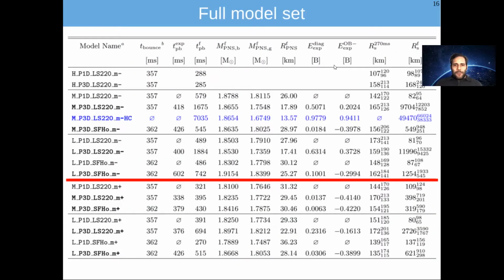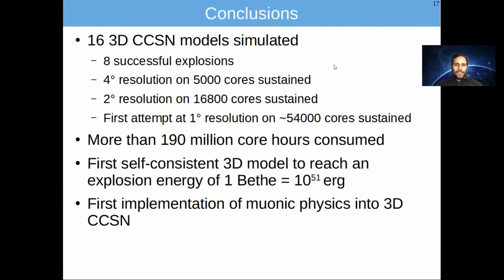The sum product of all these optimizations has been the full model set shown here, with the red lines separating the muonic models from the standard setups above. To summarize, in this project, we've simulated 16 full 3D core collapse supernova models, leading to 8 successful explosions.